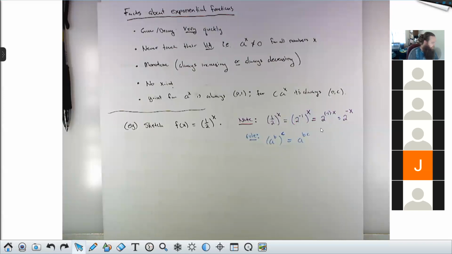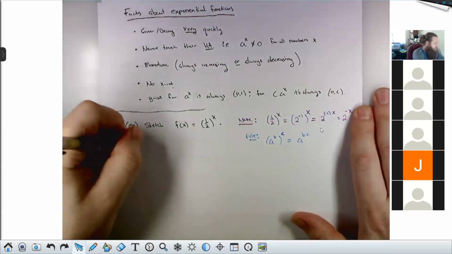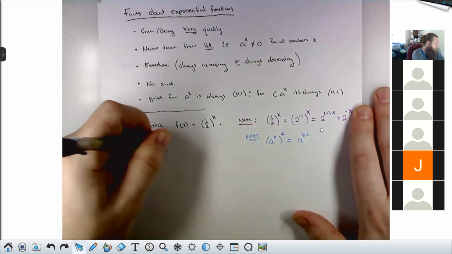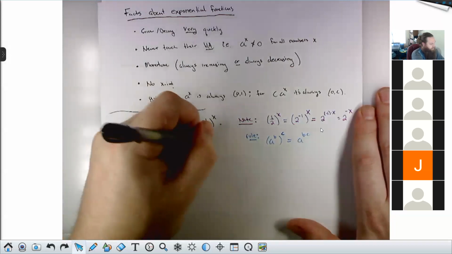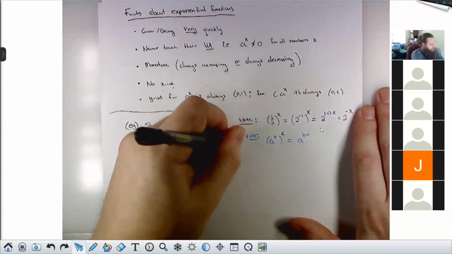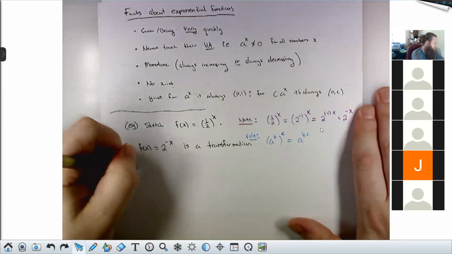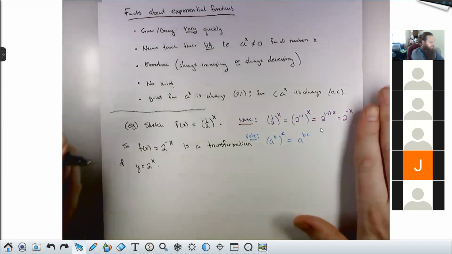All right. So f of x here, I can write this as 2 to the negative x. And this is a transformation of the graph we just looked at, 2 to the x.